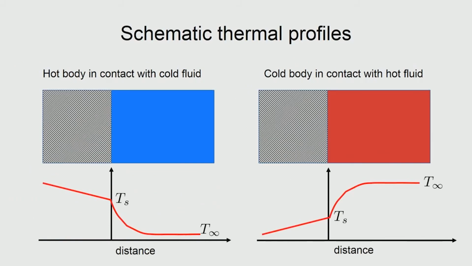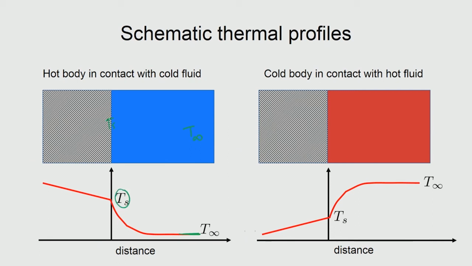Here we want to look at what happens at boundaries where you have a fluid in contact. If you look at a hot body in contact with a cold fluid, then far away in the fluid the temperature is low. You can see here the temperature is low, this is at T infinity, and the interface is at Ts.